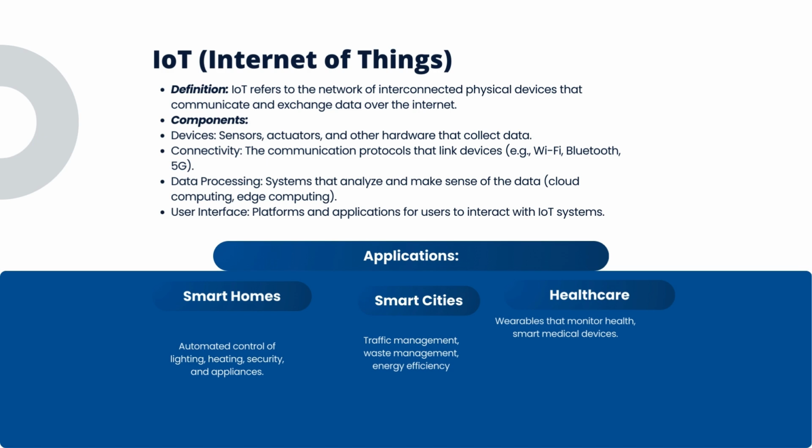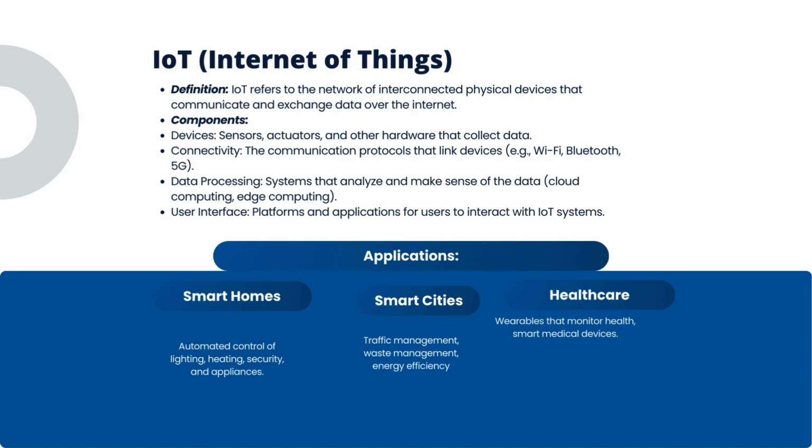So we learned about the IoT, Internet of Things. We learned that it refers to the network of interconnected physical devices that communicate and exchange data over a network or the internet. So we have learned about the components of IoT, where we have devices like sensors, actuators, and other hardware that collect the data.